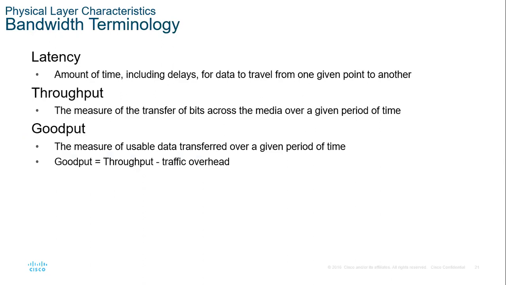Throughput is the measure of transfer of bits across the media over a given period of time. Output is the measure of usable data transferred over a given period of time. Output equals throughput minus traffic overhead. The formula to calculate output: throughput minus traffic overhead.